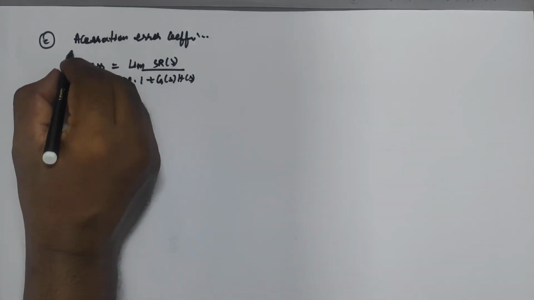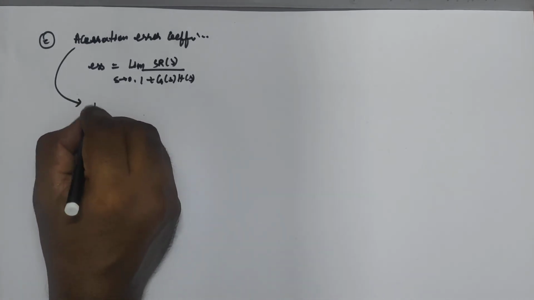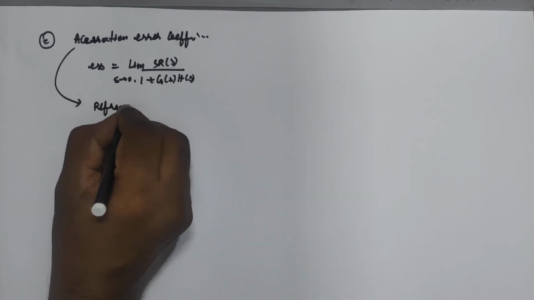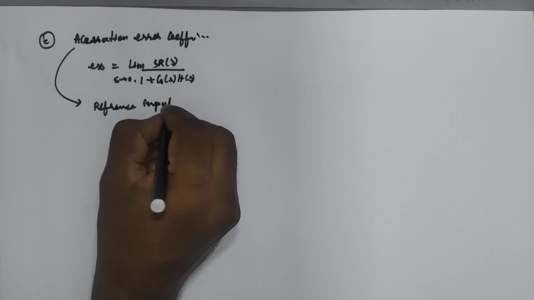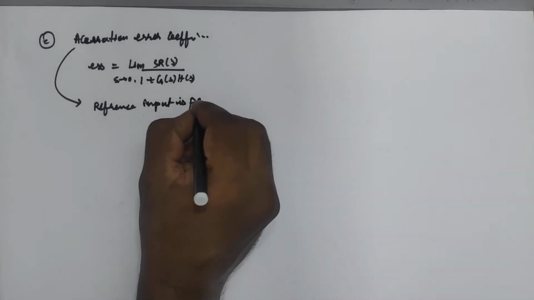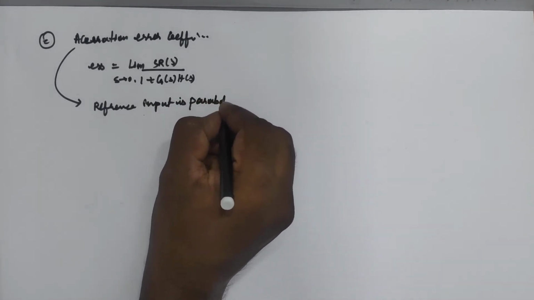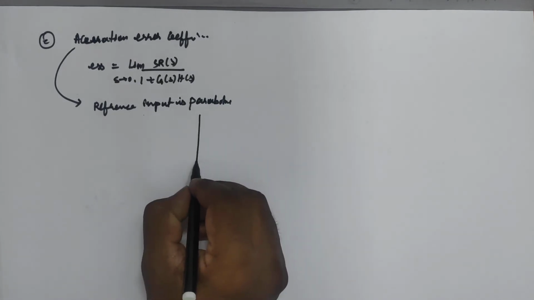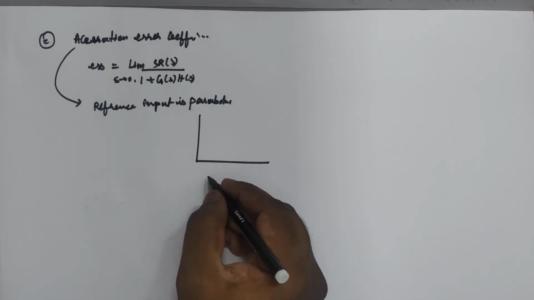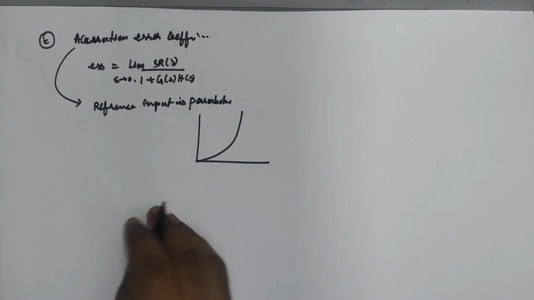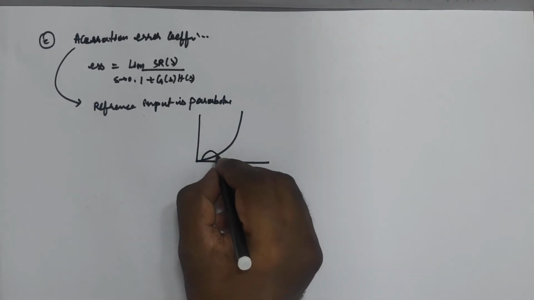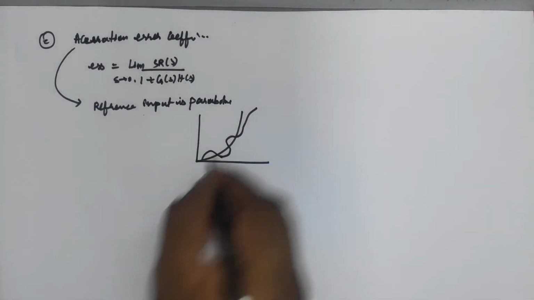Now the acceleration coefficient occurs when the reference input is parabolic. When the reference input is parabolic, how will it be represented? Like this, and my response is like this.